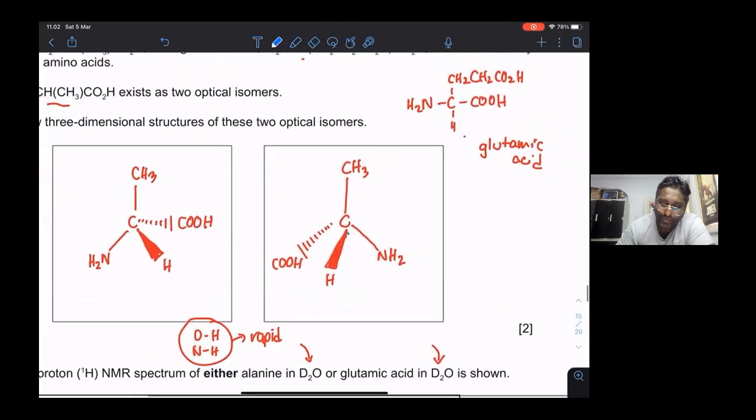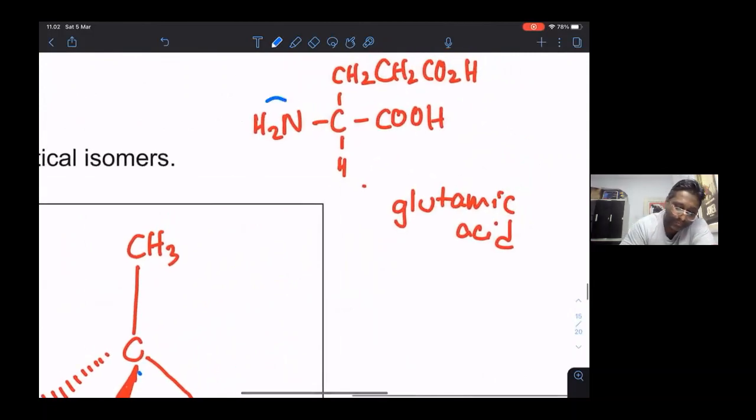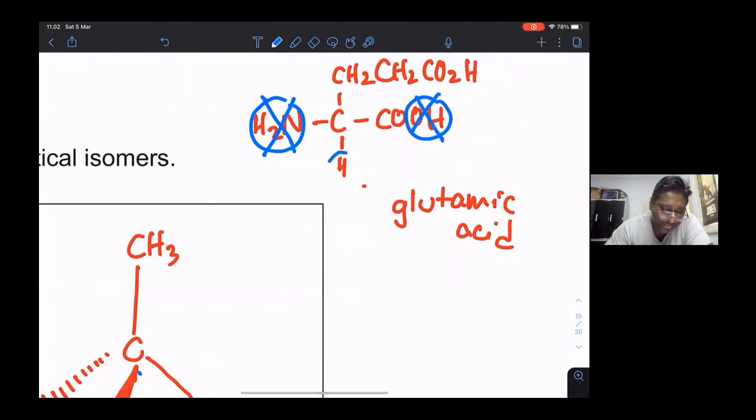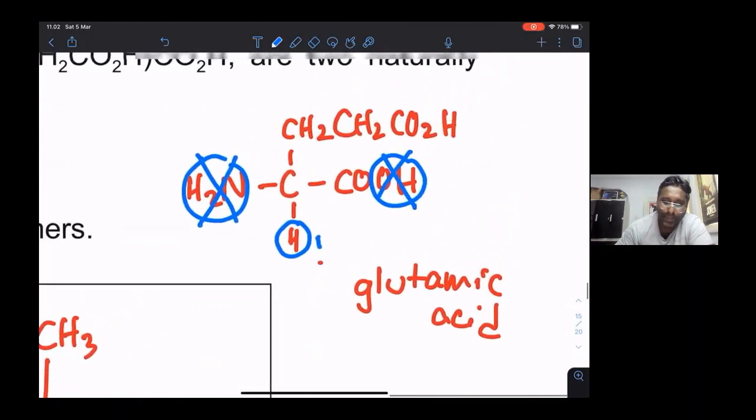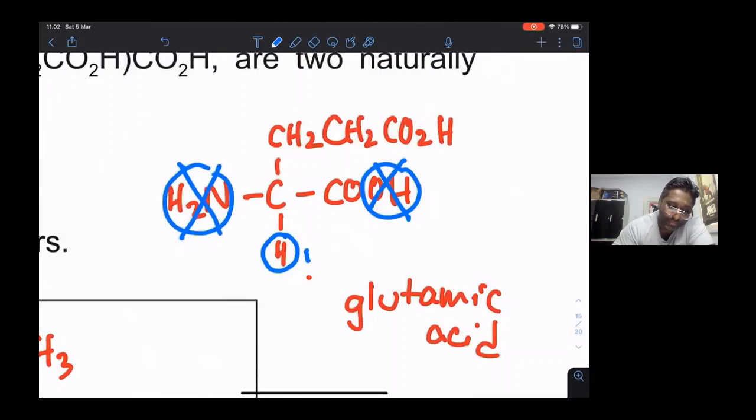If you look at glutamic acid, we know the same, not detected, no point of looking into that, but I know this is going to be 1, and I know that these 2 hydrogens are going to be 1 environment. These 2 hydrogens are different also, that's going to be another 1 environment, and this one will not be detected.